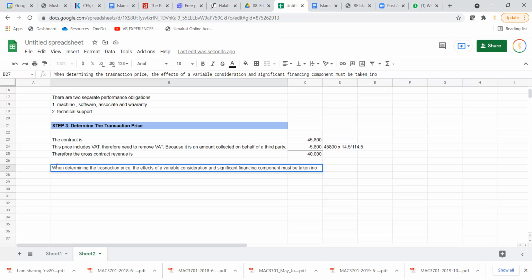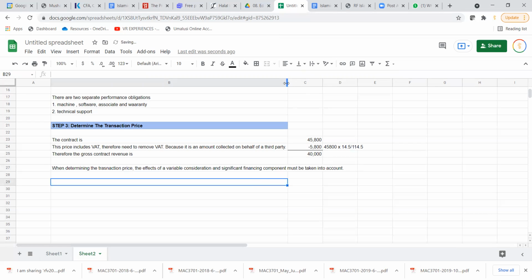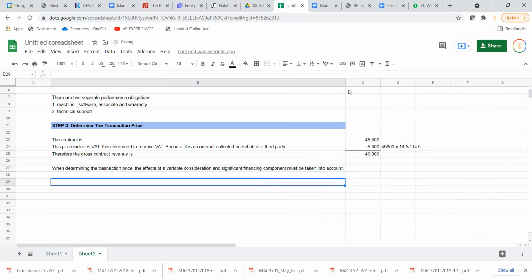Okay, must be taken into account. Okay, so that's important to understand. So we must always take into account variable consideration and a significant financing component. Now we know that there is variable consideration.